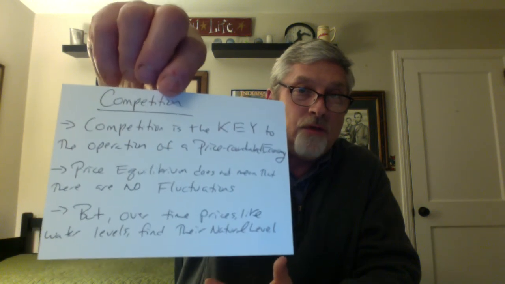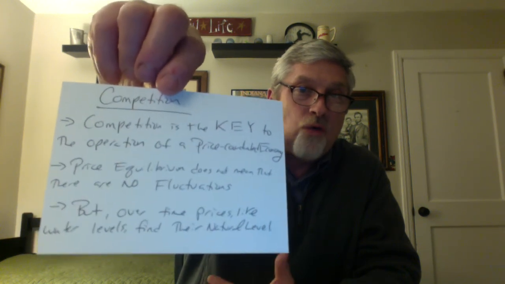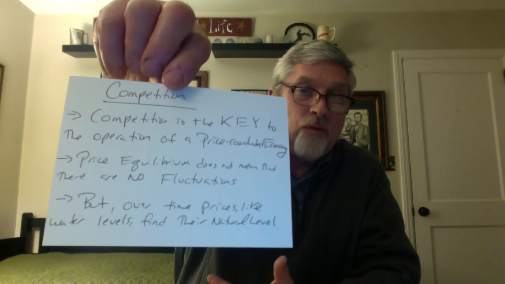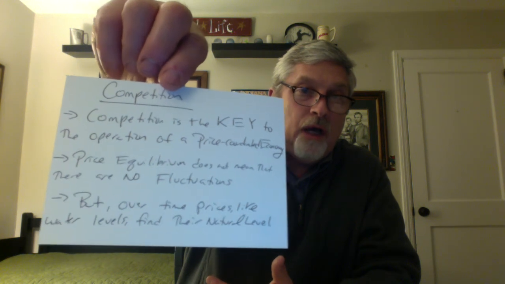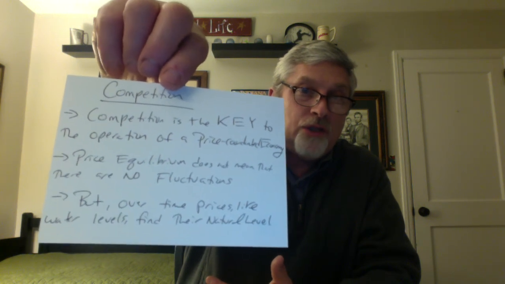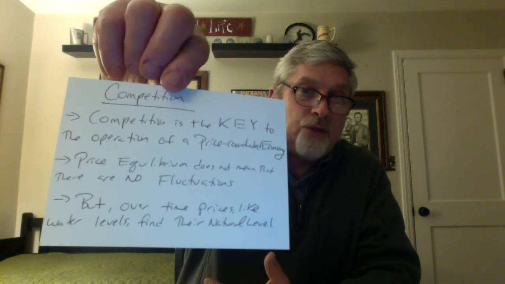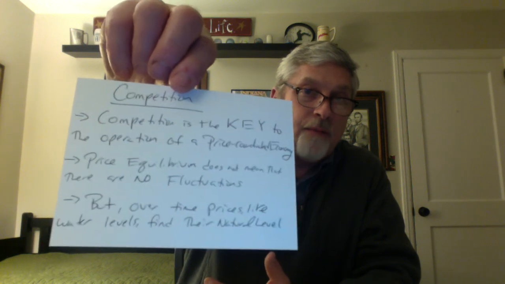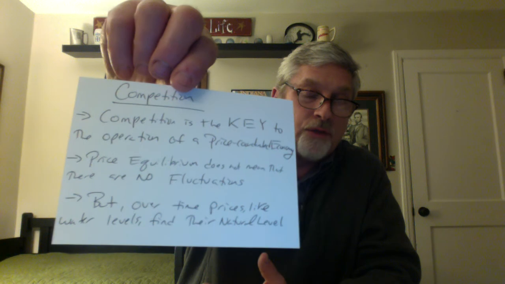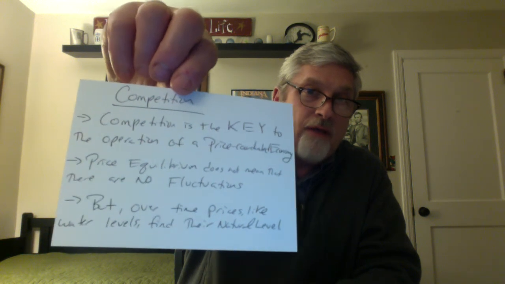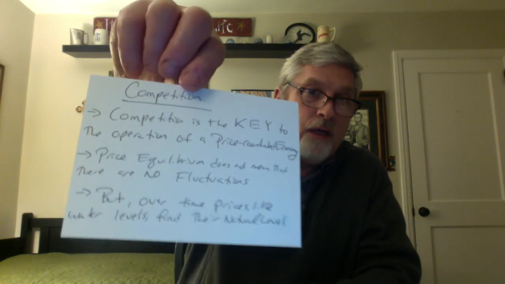Prices are determining how the economy is coordinated and what is being made at what price and at what amount. Prices do fluctuate, but there's a natural equilibrium over time that a price of a product or service will level out to.